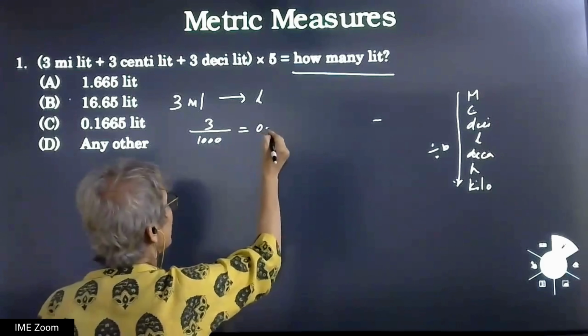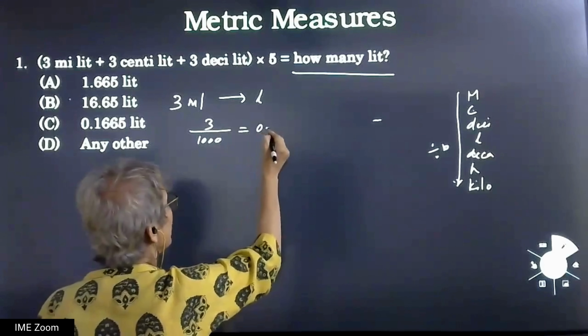And now let us add them together. 0.003 plus 0.03 plus 0.3, into 5. This is what we have to do. Here, addition of these three, 0.333 multiplied by 5.